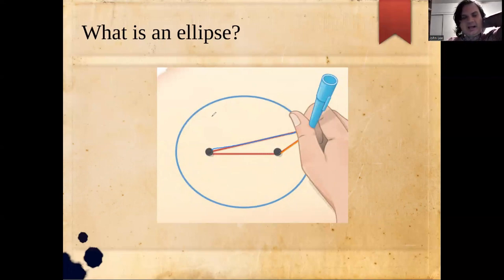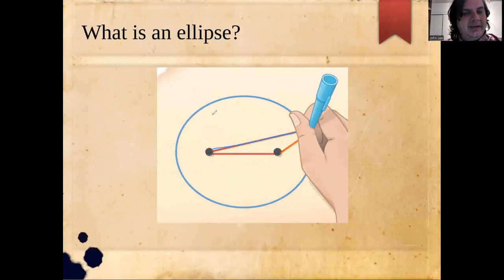So a circle is a type of ellipse, but an ellipse is not necessarily a circle, in the same way that a square is a type of rectangle, but a rectangle is not necessarily a square. Basically, this just tells us the shape of them.